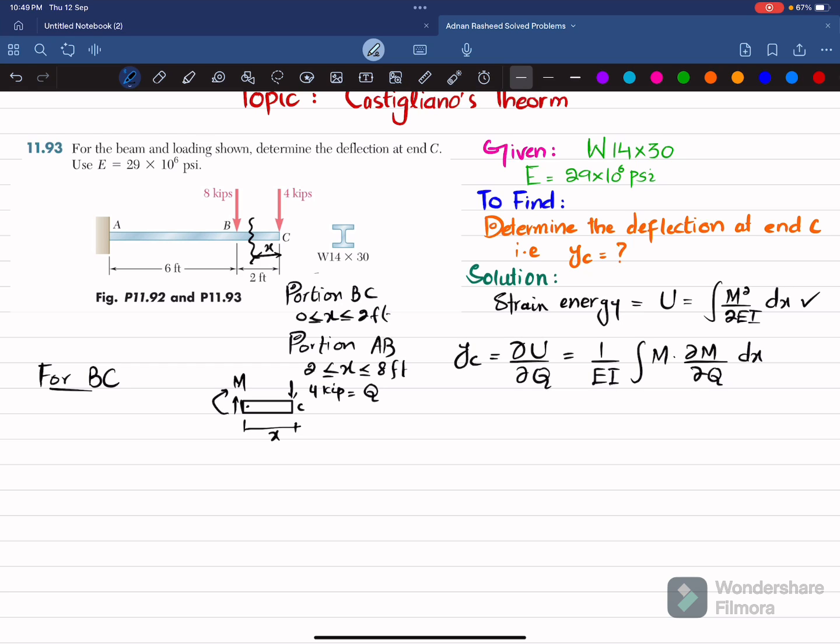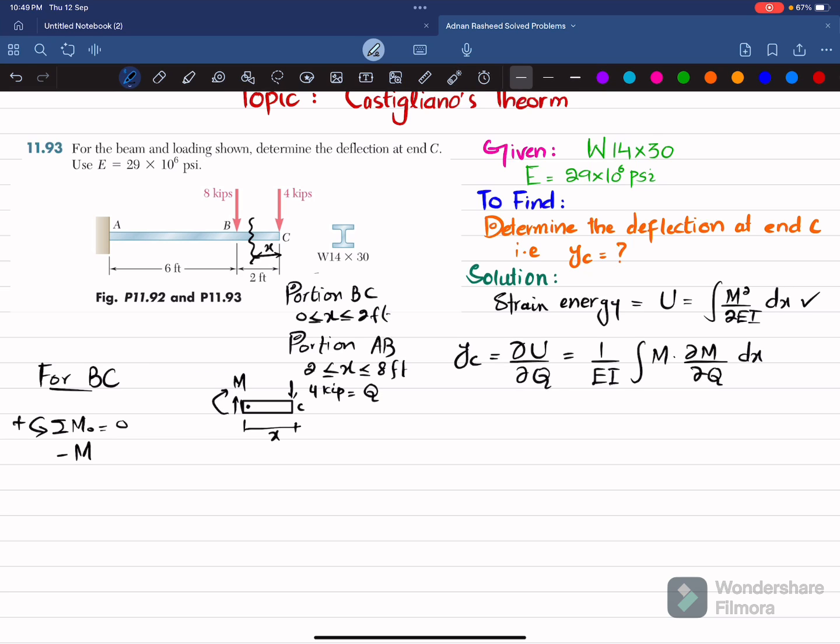Let this point be point O. So we will apply the equation sum of all moments about point O equal to 0, taking the counterclockwise moment as positive. About point O, one moment is 4 times x, and this is producing clockwise, so it is negative, and the second, the reaction moment M, is also clockwise, so that is also negative.